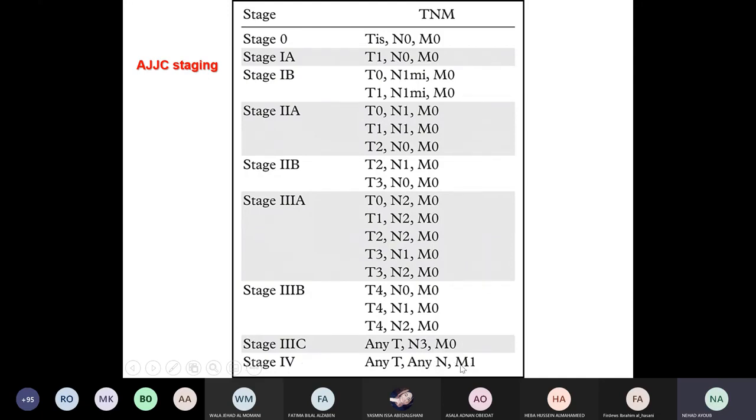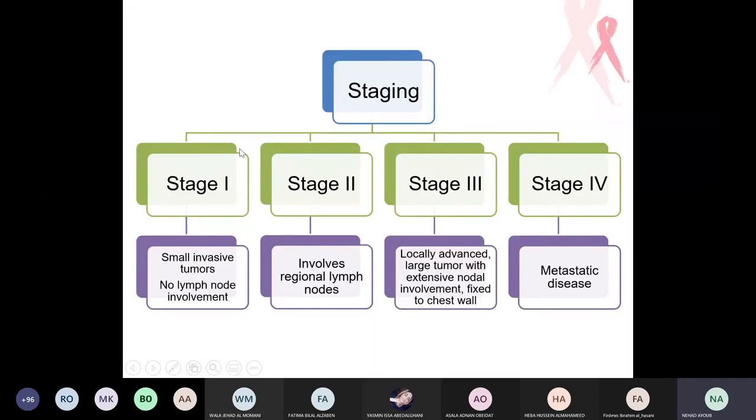Now generally speaking, I don't want you to memorize these things, but generally speaking, when I say stage 1 breast cancer, it means an invasive carcinoma. It's not in situ. Stage 1, 2, 3, and 4 are all invasive carcinoma.